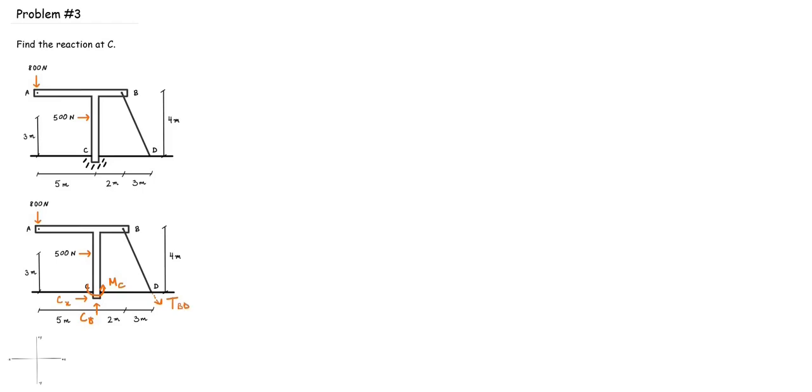Now that we have our free body diagram, first I'll break down the x and y components of the tension BD. Let's assume that tension BD is equal to 1500 newtons. We can see that it forms a 3-4-5 right triangle, and we can solve for the x and y components of the tension using its ratio.